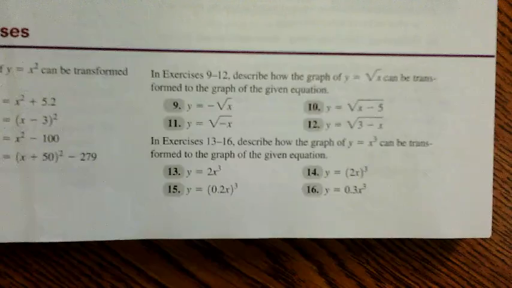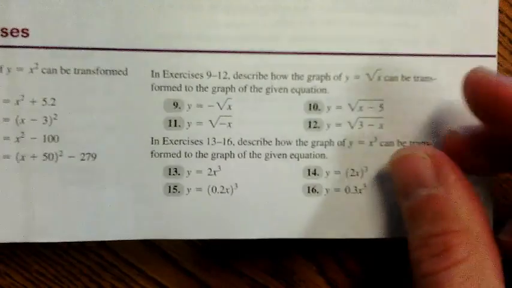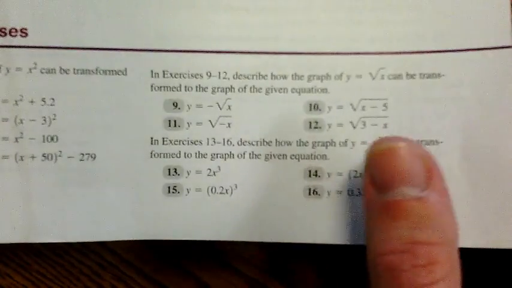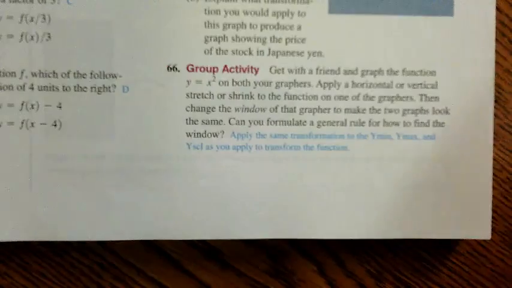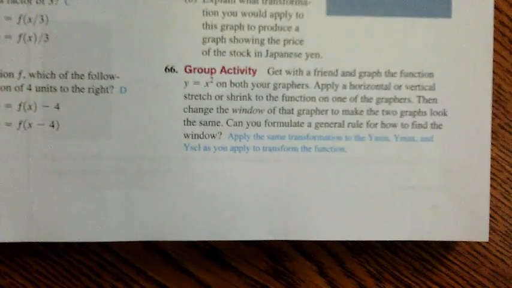because that's 2 to the 3rd. For 15 and 16, I would expect to see some kind of compression or shrinking language, because there are decimals there. Okay. Then it was 25 through 28.